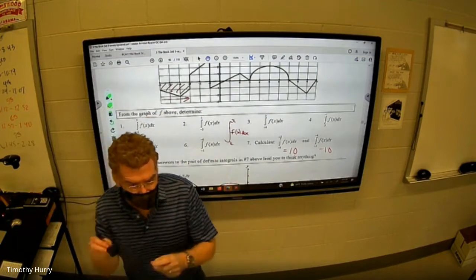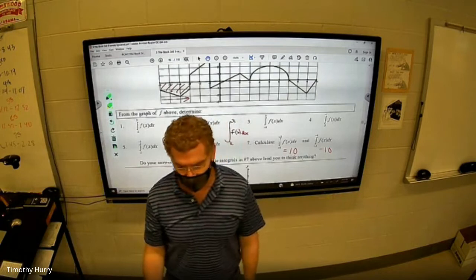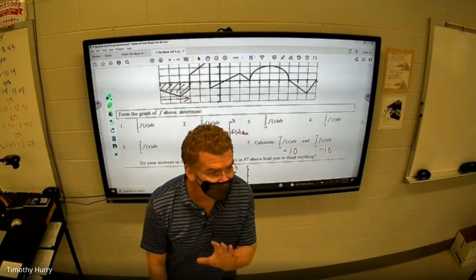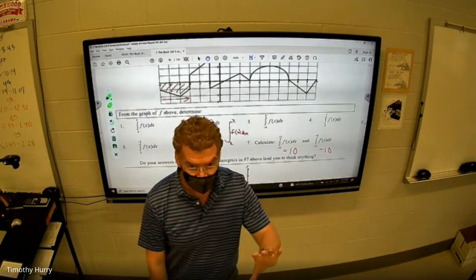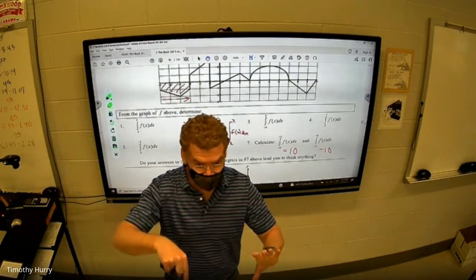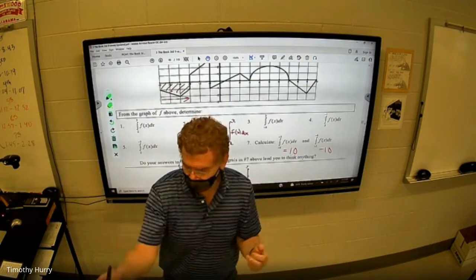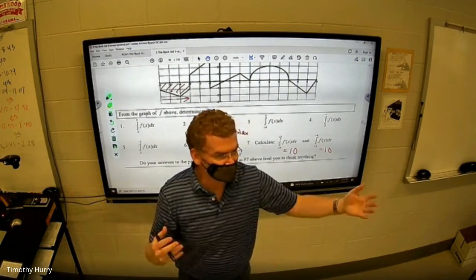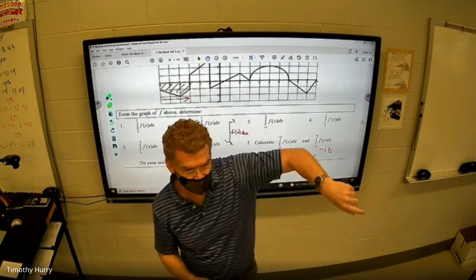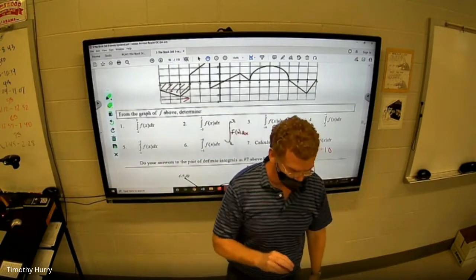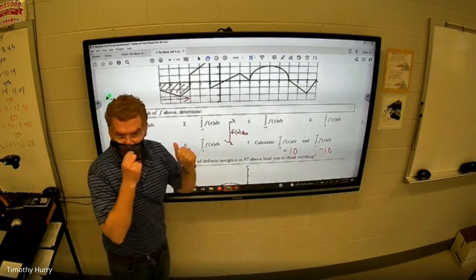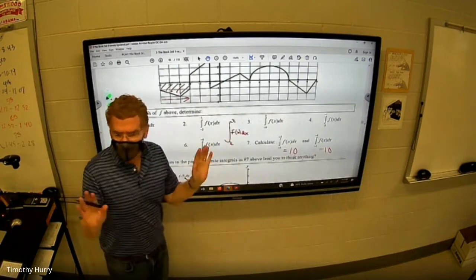And I see people trying to integrate this thing, but it's going from like 1,000 to 1,000. Sometimes I literally have seen people integrate it correctly, and then they plug 1,000 in. Well, you don't know fundamental theorem yet, but they actually apply the fundamental theorem, plug the top number in, plug the bottom number in, and then they subtract and they get 0. If it's the same number, it's always what? 0. Okay, so remember that ahead of time, and you're going to be in good shape.